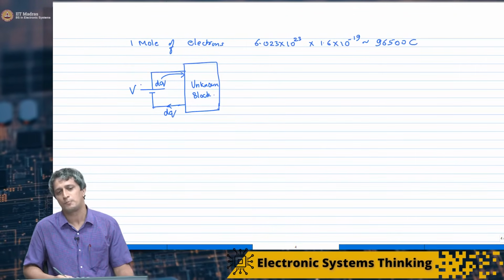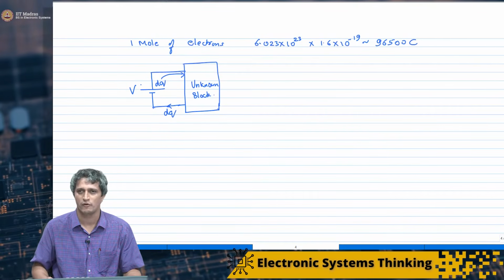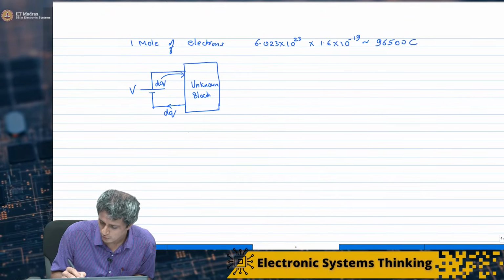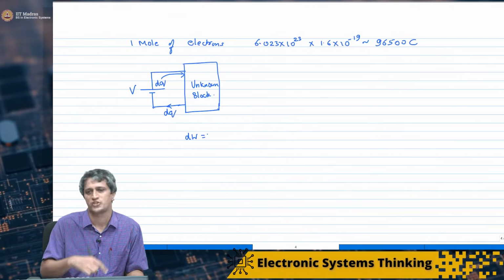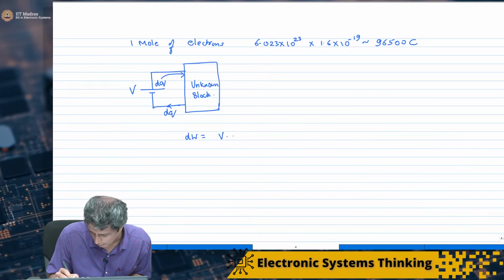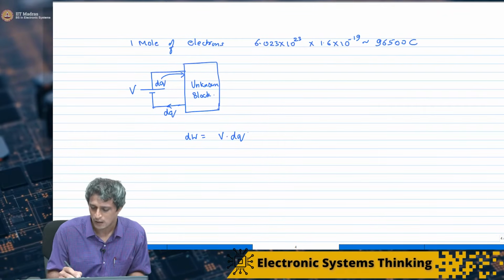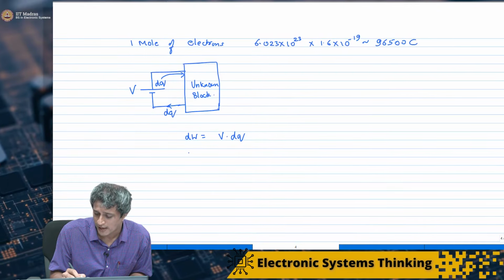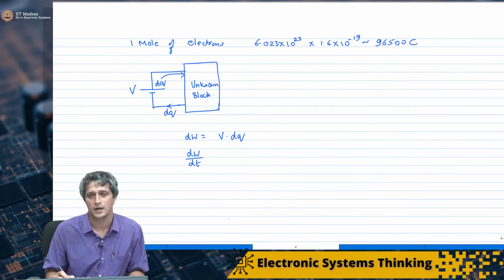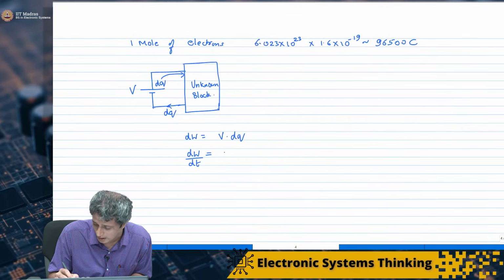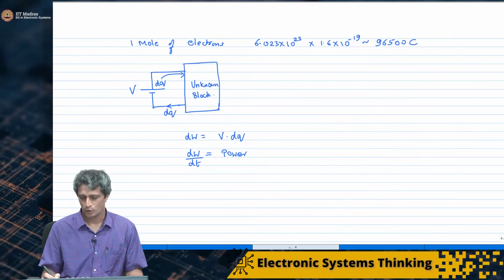So assume that this battery here, you are using a potential of V. Then if you remember, we said that the work done in order to take this charge around was V into dq. And what is the rate of change of work, of energy? dW by dt is nothing but power, okay?